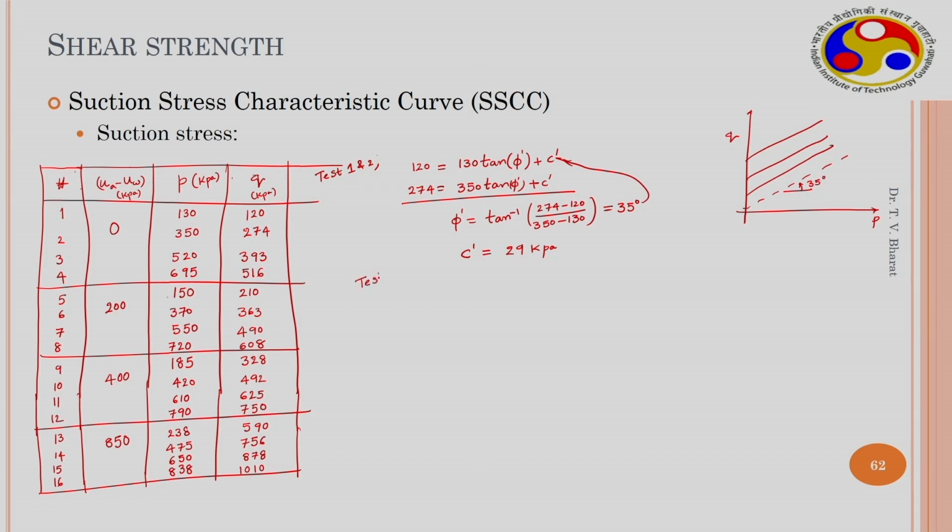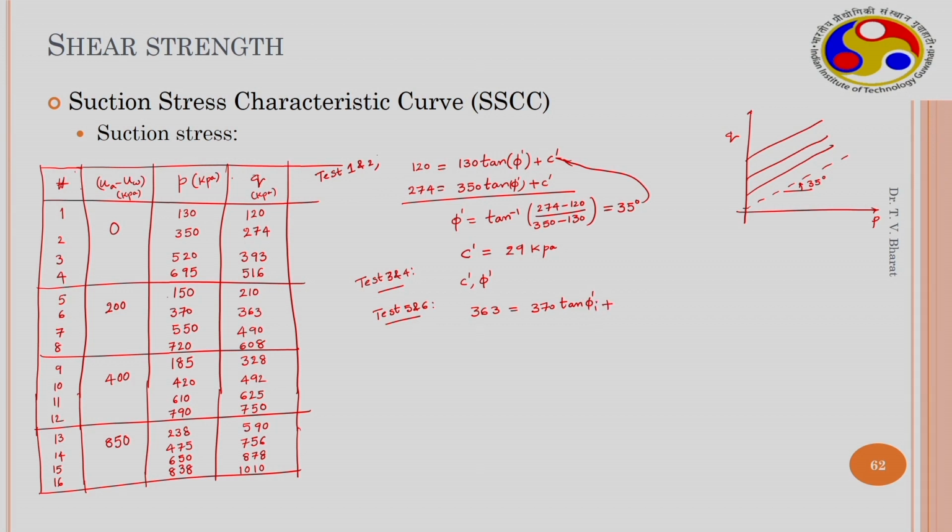From test 3 and 4, if you take, you should get the same data. You should get the same C dash and phi dash, and test 5 and 6 if you consider. So, you have 363, 370 tan phi dash, or phi 1 dash.